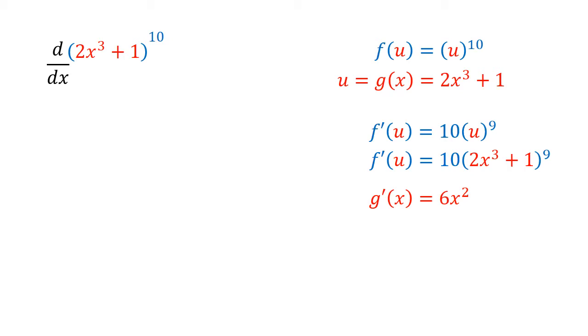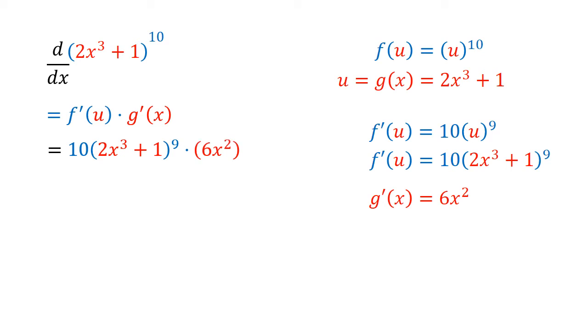Then the derivative of (2x cubed plus 1) to the power of 10 is f prime of u times g prime of x, which equals 10 times (2x cubed plus 1) to the power of 9 times 6x squared. To simplify, 10 times 6x squared is 60x squared, times (2x cubed plus 1) to the power of 9.